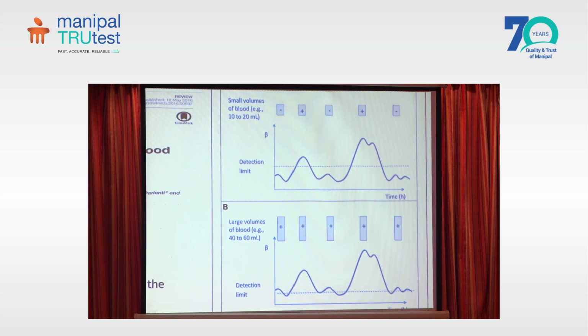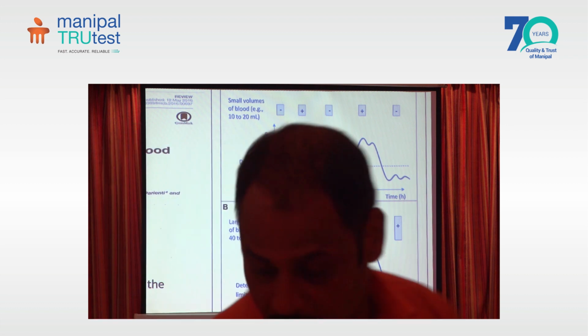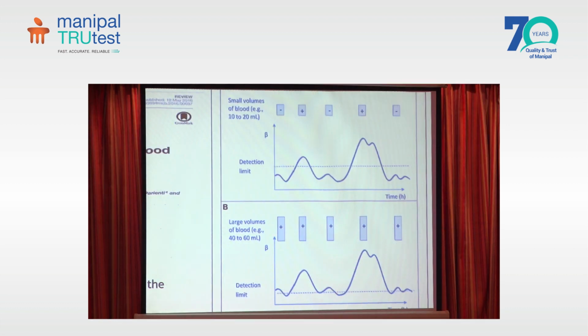And here we can see that when a smaller volume of blood is collected, the test becomes less sensitive. We can see the negativity rate is very high, and there are chances that if blood is not collected on time, the sensitivity is less.